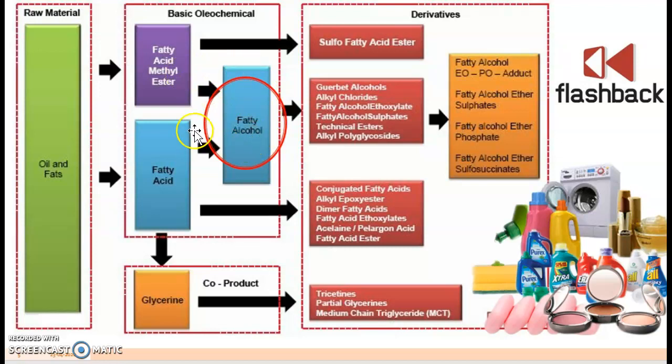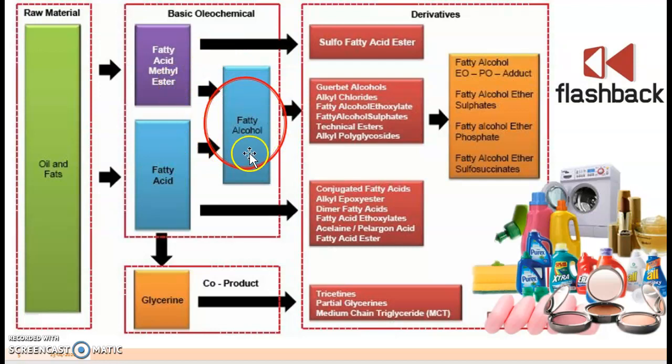So the direction of the production of fatty alcohol starts from oil and fats to the fatty acids and also to the fatty acid methyl ester, and both of them will give fatty alcohols as products.